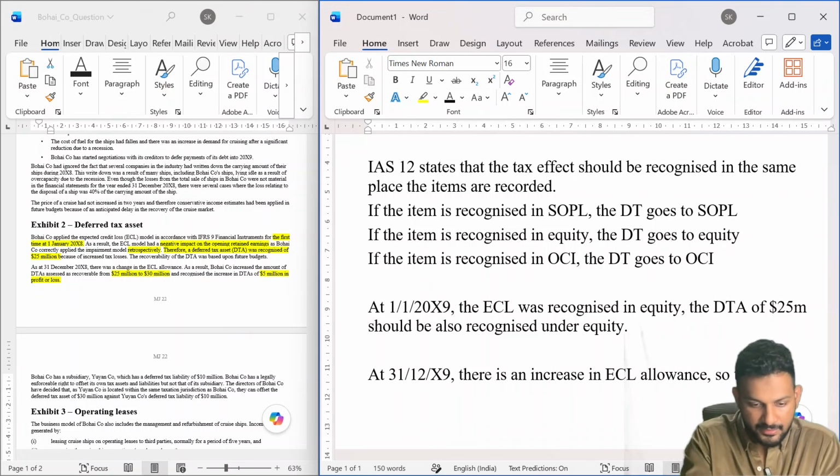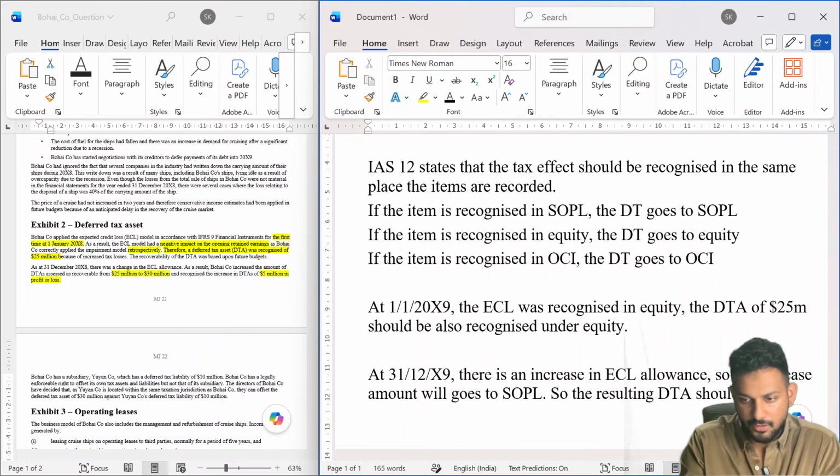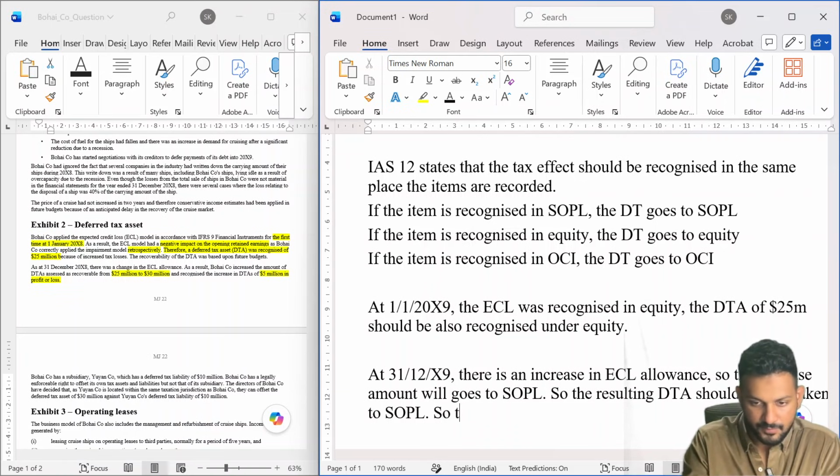So the increase amount will go to SOPL. So the resulting deferred tax asset should also be taken to SOPL. So we have to conclude that Bohai company's treatment was correct.